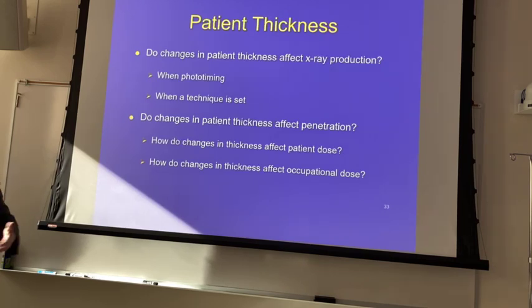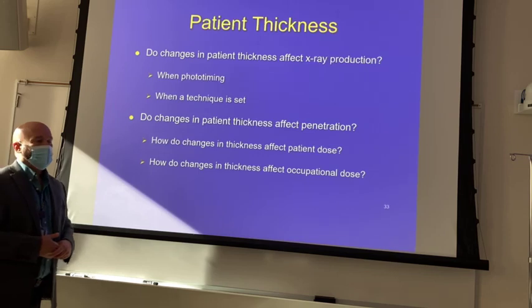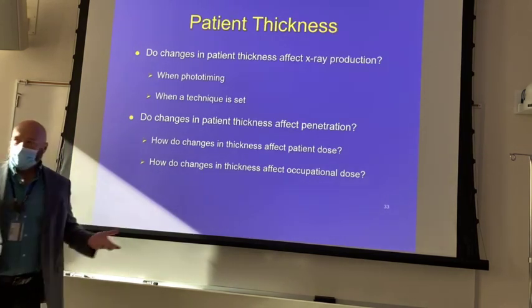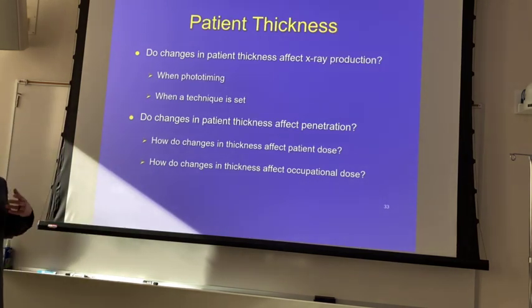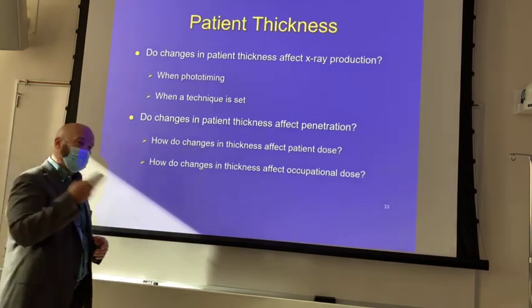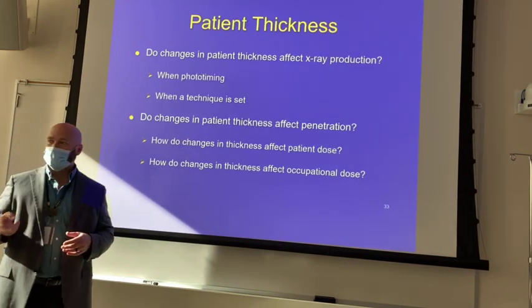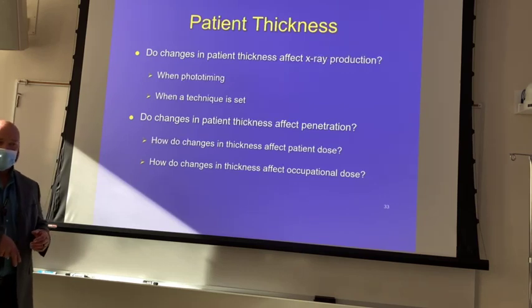Okay, so you got a lot of missteps there. Everything about what I just said is wrong. As you get an increase in patient size, you get an increase in soft tissue most commonly. Yes. You get an increase in scatter radiation creation. Yes. But a lot of that scatter is going to be absorbed inside of the patient.